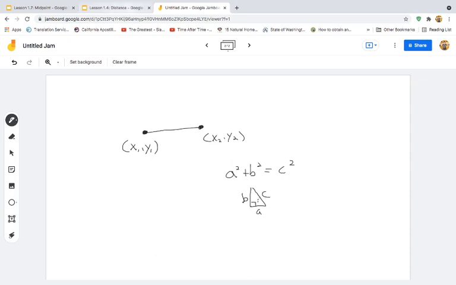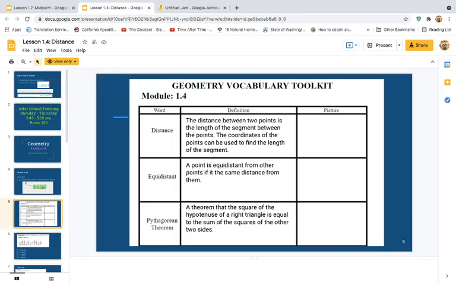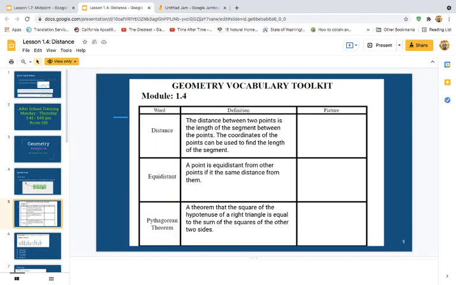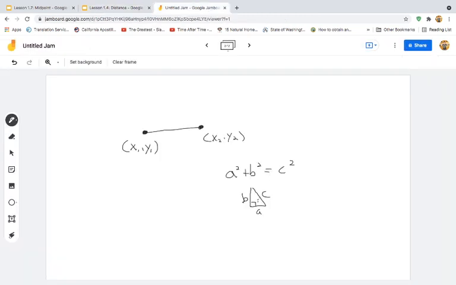When you go back to the Pythagorean theorem definition, it is just writing out formally what we were just talking about. It says the Pythagorean theorem is a theorem that the square of the hypotenuse, so the square of C, we have a little 2 up here, that's a square, of a right triangle is equal to the sum of the squares. So C squared is equal to the sum, meaning addition, of the squares of the sides.